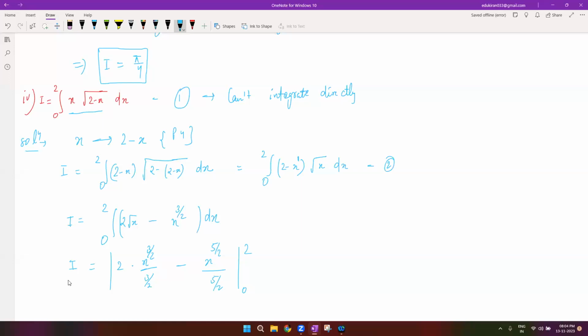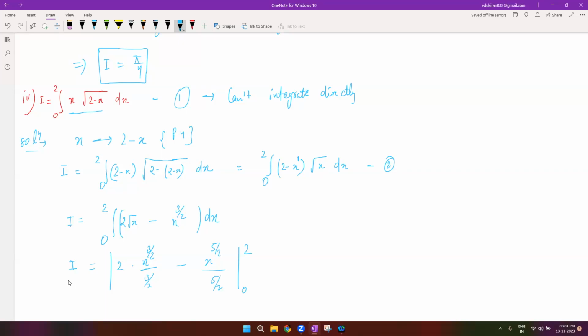One, we write the question as equation 1, then apply property 4, we get something, and we add the two expressions. And second, we use property 4 to integrate the question, like in this example, where we don't need to add them because this can be directly integrated now, and we will get the answer.